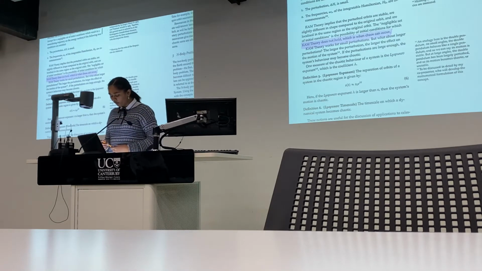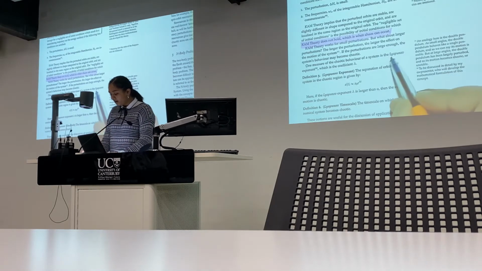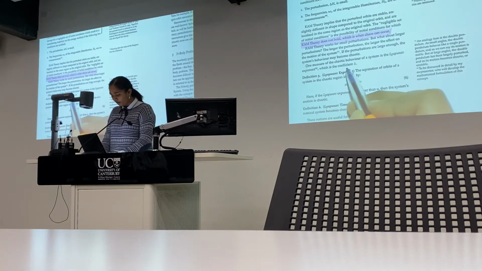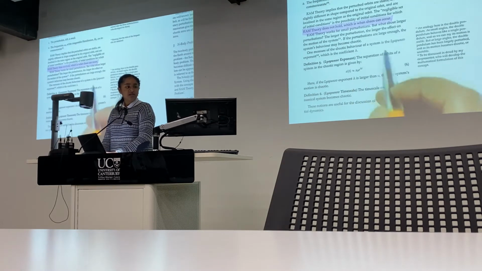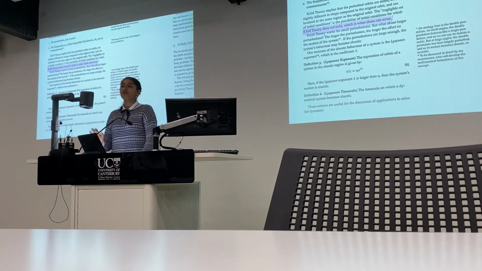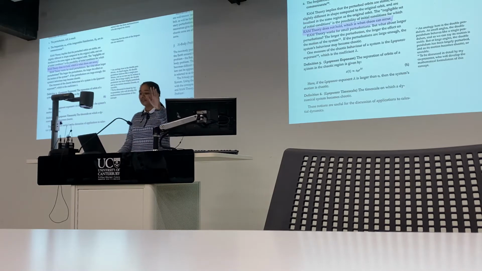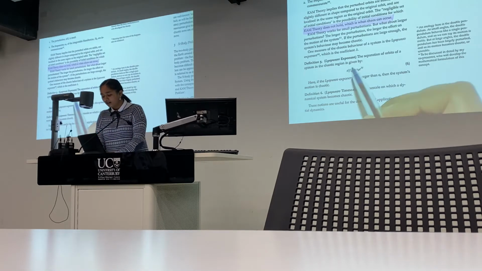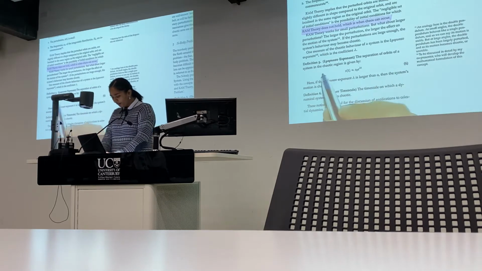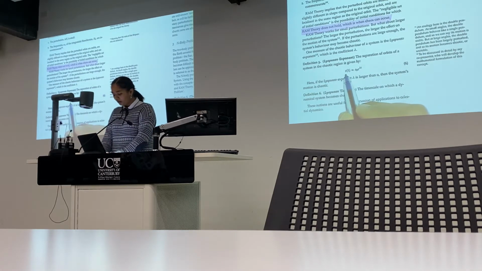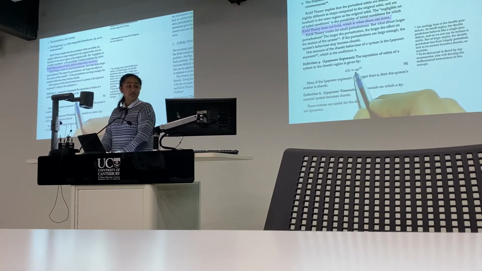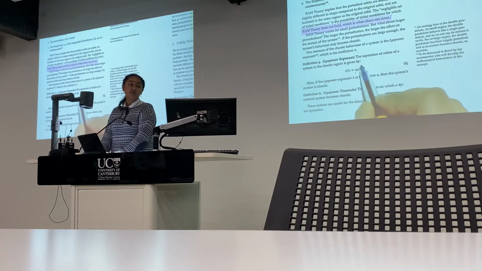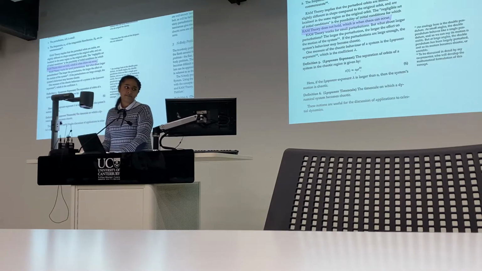One way to do that is using the Lyapunov exponent, given by the coefficient lambda. Lyapunov exponent is my co-presenter Ben's topic, so he's going to go into more detail about this, but for now, just mentioning the relevant bits. If we wanted to find the separation of orbits for a system in the chaotic region, we can use this equation here, where the separation is given by the initial separation times the exponential of the Lyapunov exponent times time.